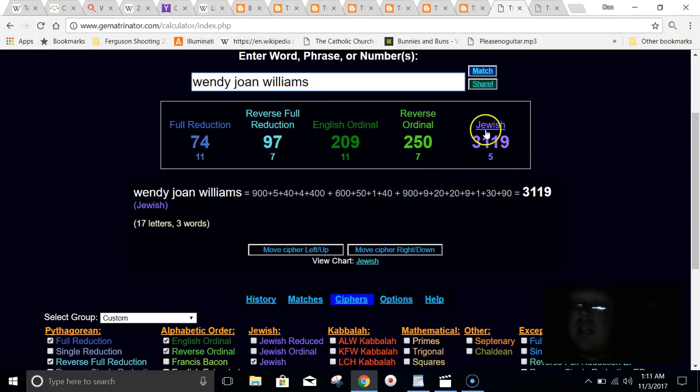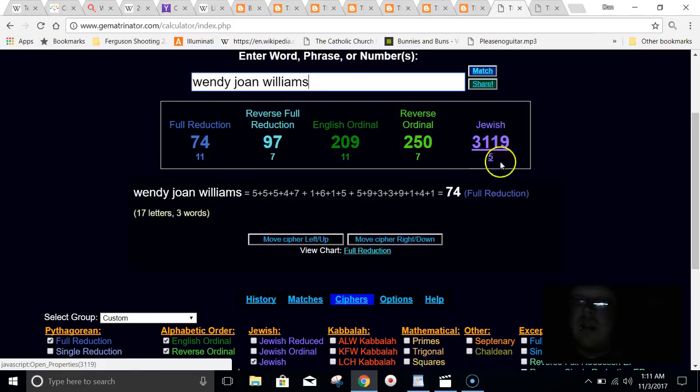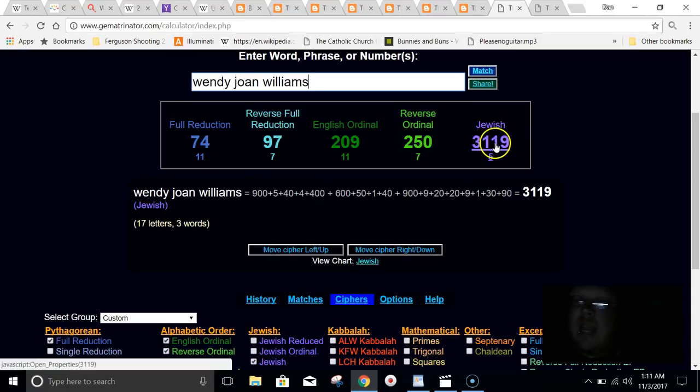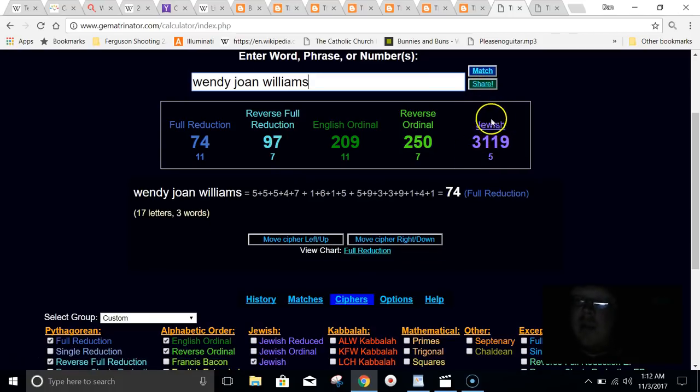Her full name, Wendy Joan Williams. And the reason this is significant is because the 1993 World Trade Center bombing was exactly 3,119 days before 9/11/2001. And the reason it's so important that it's Jewish gematria is because the Zionist Jews are the people who are responsible for 9/11.